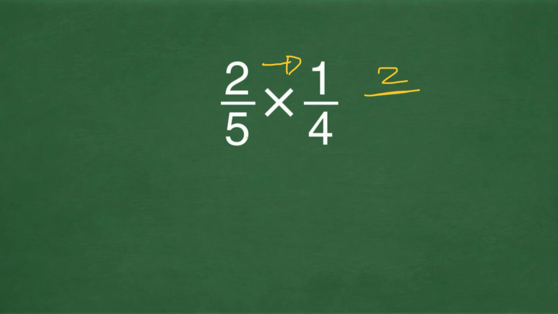And the bottom number is 5 times 4, which is 20. So the answer is 2 over 20. You are finished. That is it. You don't need to do anything fancy. That is how it is.